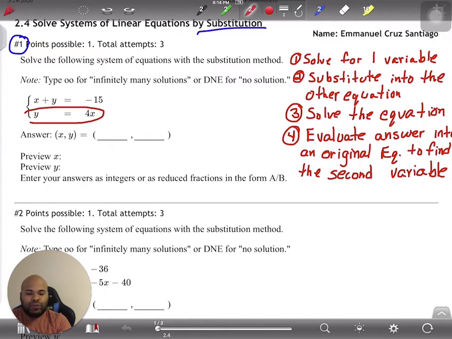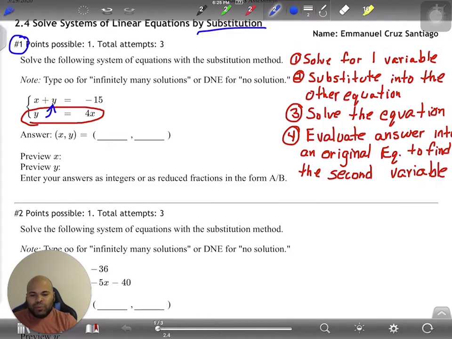Y equals 4x. Okay. So the second step, this is the substitution part, is to substitute the second equation into the first equation. So what we're going to do literally is I'm going to take this y and we're going to plug it into that y right there. Let me use blue, a different color, so that you can see what I'm going to do.